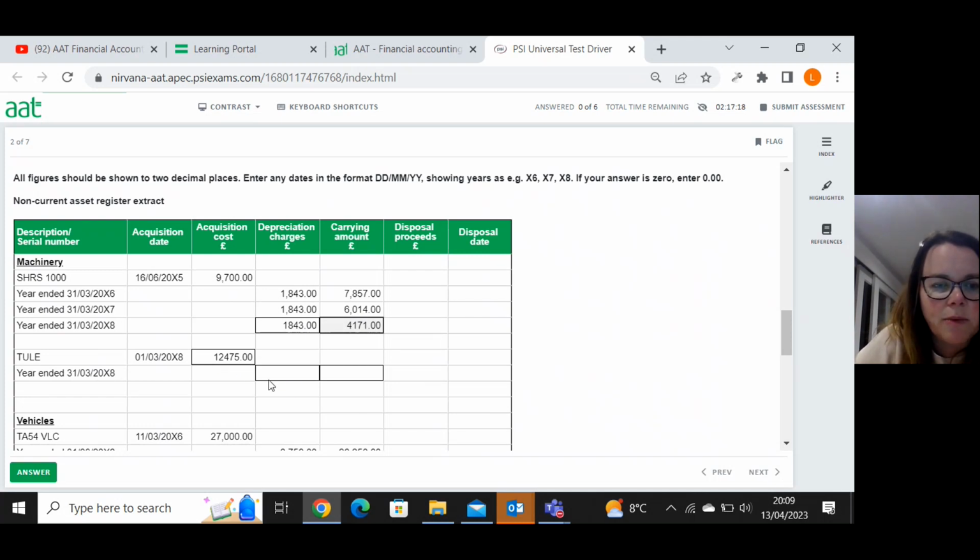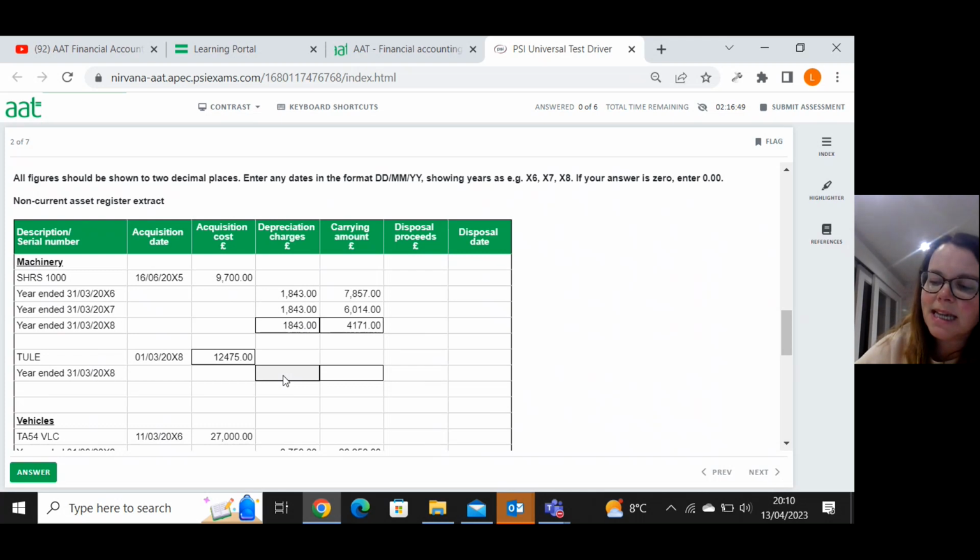We then got the machine that we just purchased. Now remember, it was a full year's depreciation charge in the year of acquisition. So we're going to work it out in full. So 12,475. Take off 5% for the assumed residual value, which gives us a figure of £11,851.25.